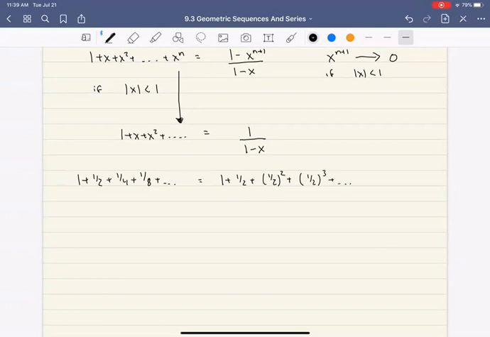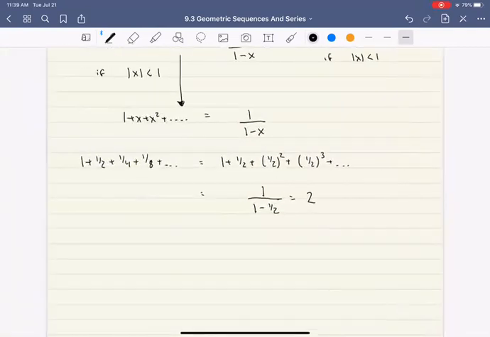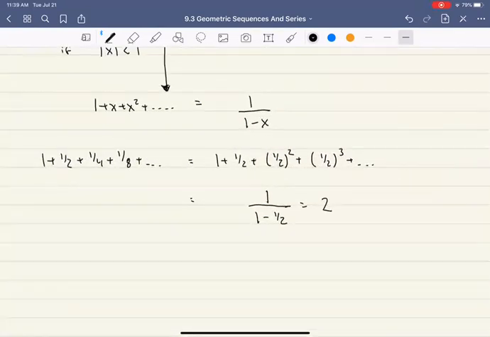Okay, 1/2 is certainly between -1 and 1, right? So it satisfies the condition. So this is going to equal 1 over 1 minus 1/2, which a little bit of algebraic manipulation tells us is 2.